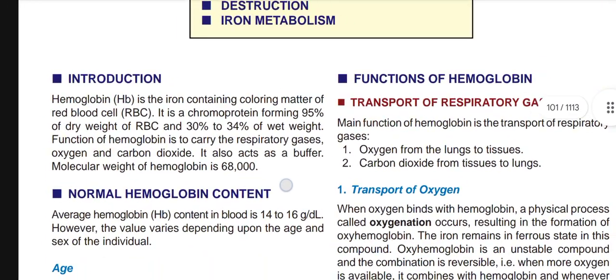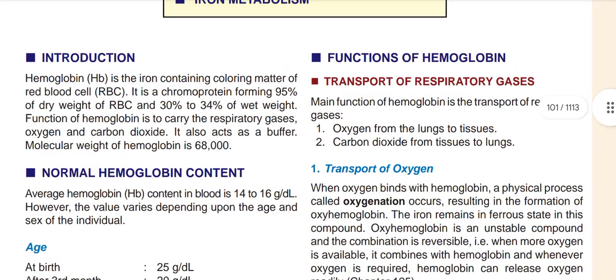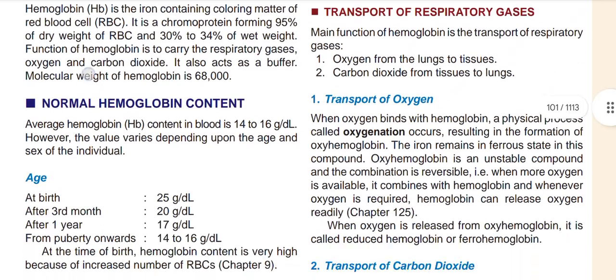Then function of hemoglobin. Transport of respiratory gases. The main function of hemoglobin is to transport the respiratory gases like oxygen from the lungs to tissues and carbon dioxide from the tissues to lungs. Then transport of oxygen. When oxygen binds with hemoglobin, a physical process called oxygenation occurs, resulting in the formation of oxyhemoglobin.